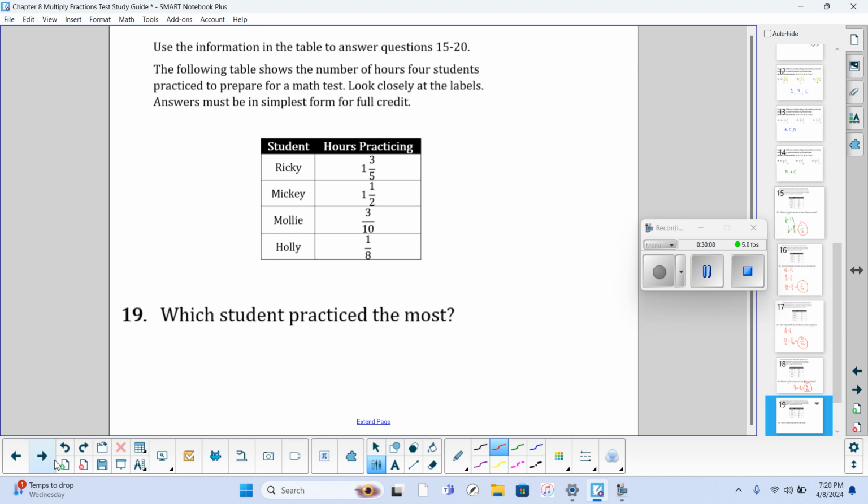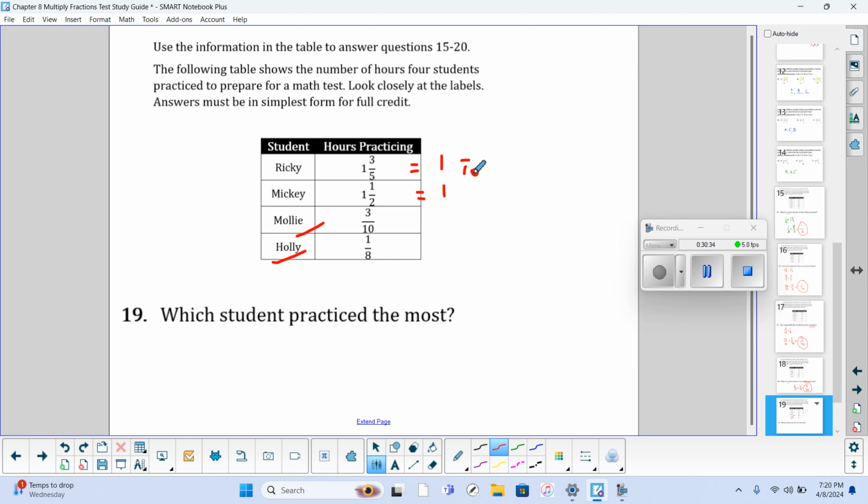Number 19. Which student practiced the most? All right, well, we can eliminate Holly and Molly. They're out because they're less than 1. So the question is, Ricky or Mickey? Well, kind of answered this in the other question, but they both begin with 1 whole, right? And what's a good common denominator for 5 and 2? So that would be 10.